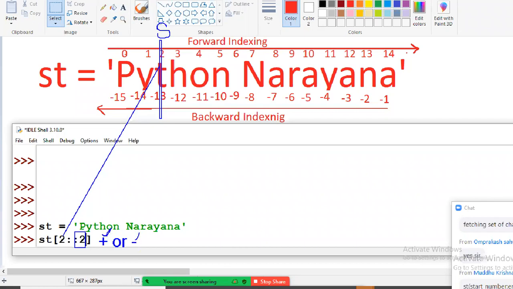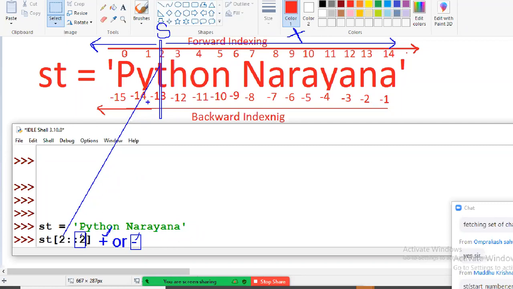If it is plus 2, then in the forward way, take every second character. If it is minus 2, in the backward direction, take every second character. If it's a plus increment, then forward direction, take every second, every third, every fourth character, like that.